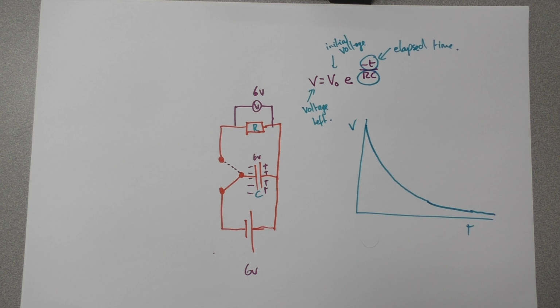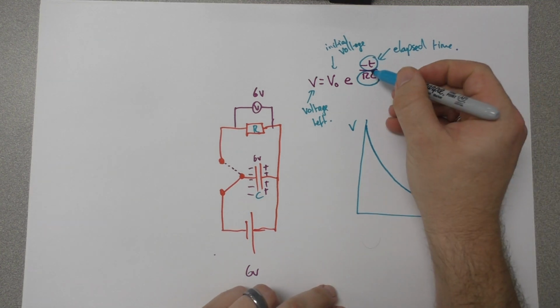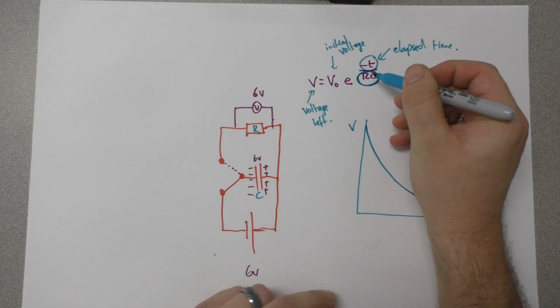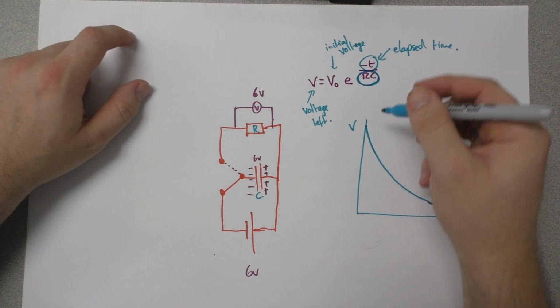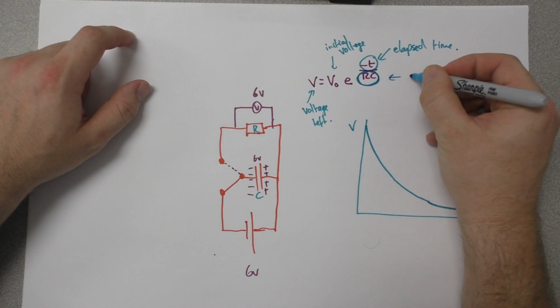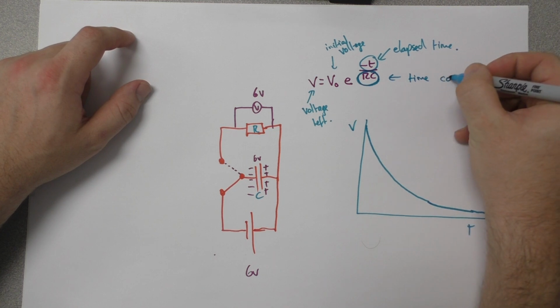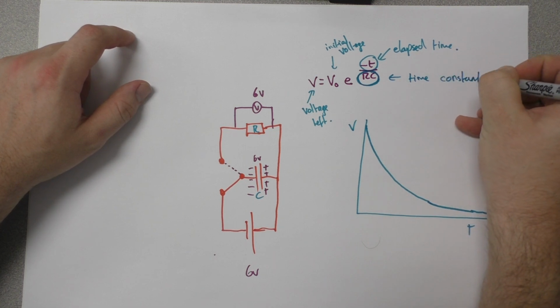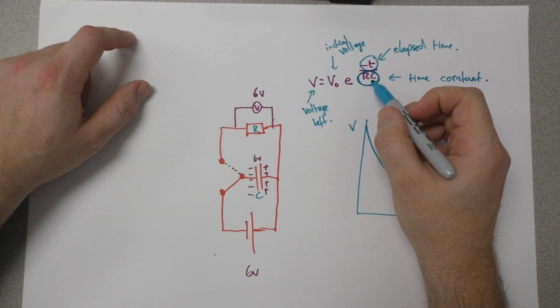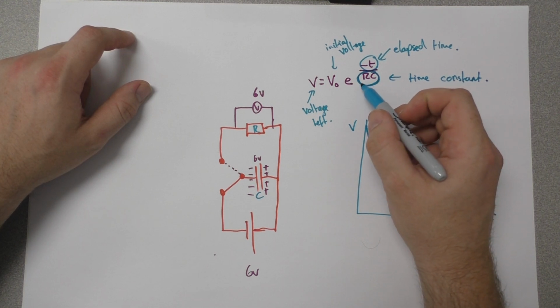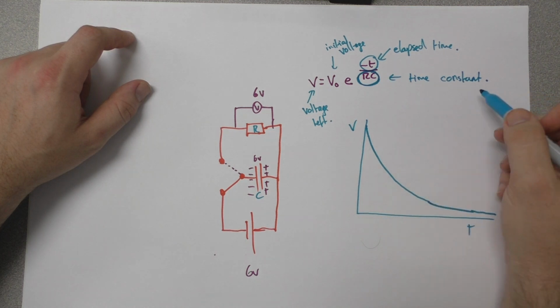Now what's really poignant about this mathematically that you need to be well aware of is where this RC comes into account. RC is actually known as something called the time constant. Okay? The time constant, because R times capacitance, so resistance times capacitance, equals the time constant.